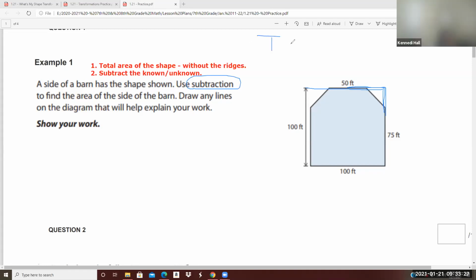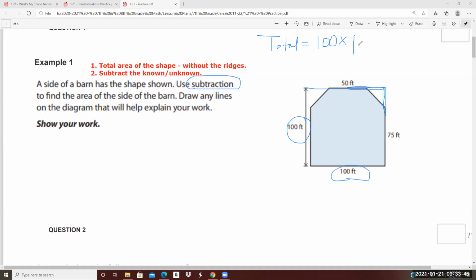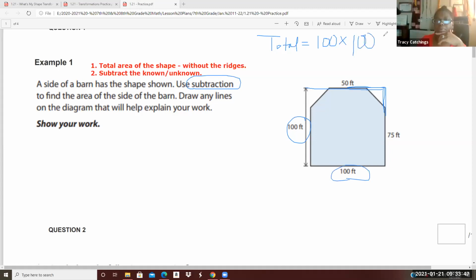100. All right, 100. And the other 100 as well? Yes. All right, patterns and multiples. 1 times 1 is 1. And how many zeros do we have?